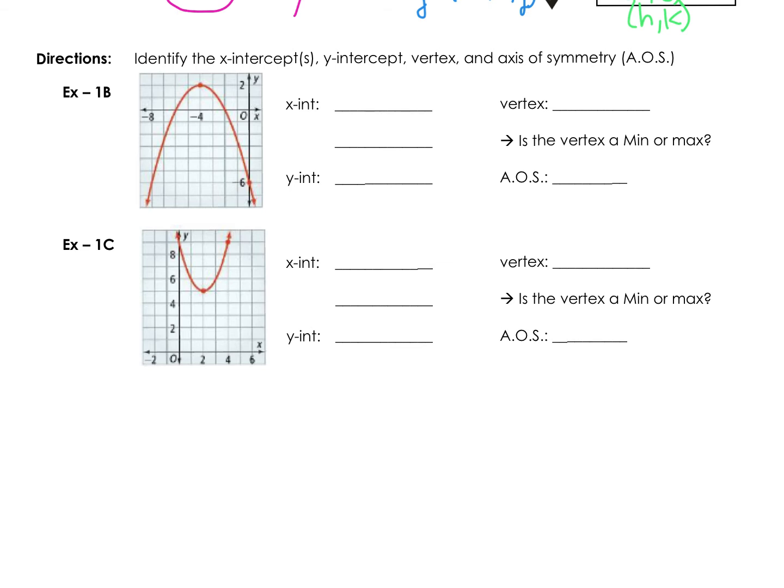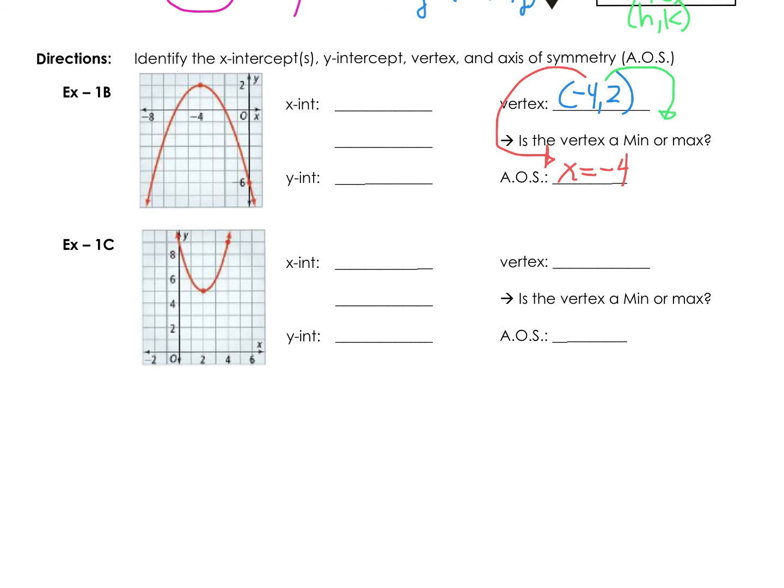Okay, so for this first parabola, the vertex is right here at (-4, 2). So the x value of the vertex gives us the axis of symmetry, and so it's x equals -4. And yes, you have to have x equals -4. And then the 2 gives us our max or min value.